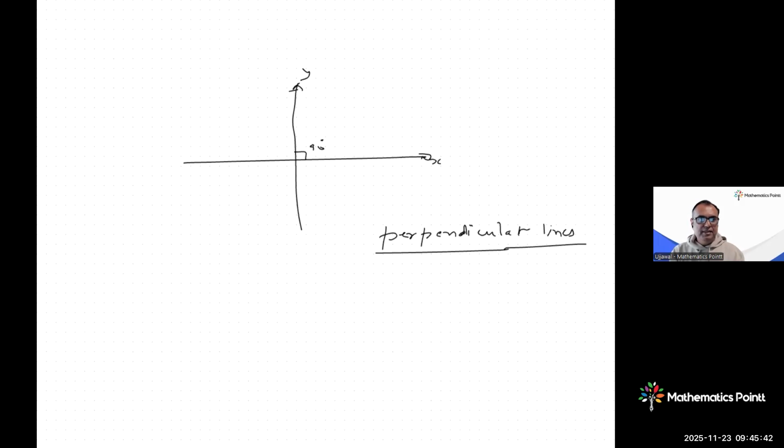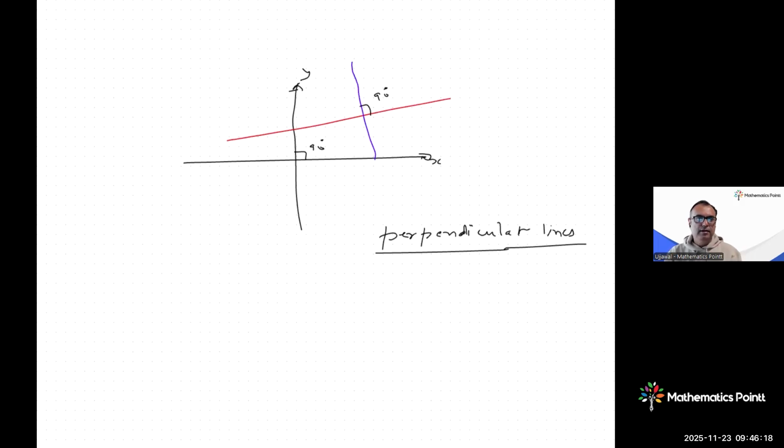Now let's draw two lines here, a red line and a blue line. Look at the angle that they're making with each other. They're making a 90-degree angle. They're perpendicular.